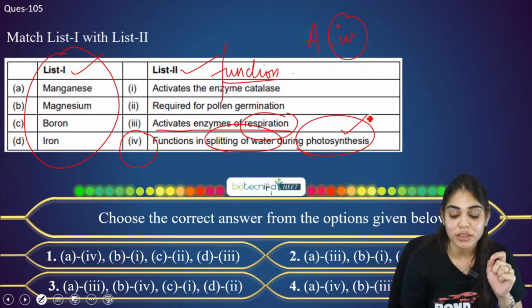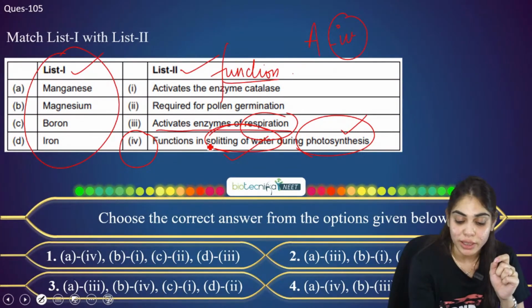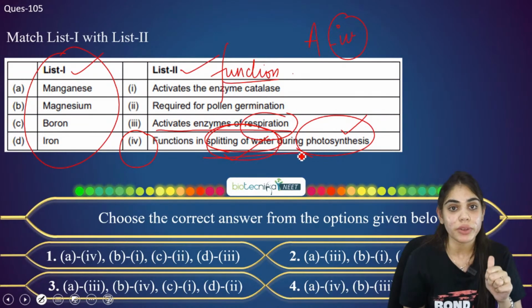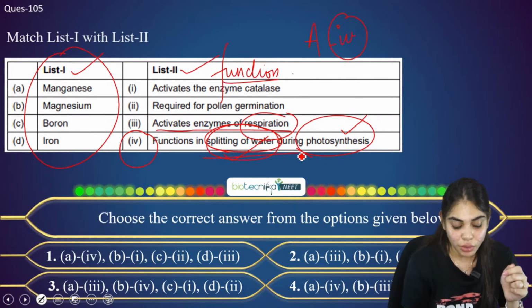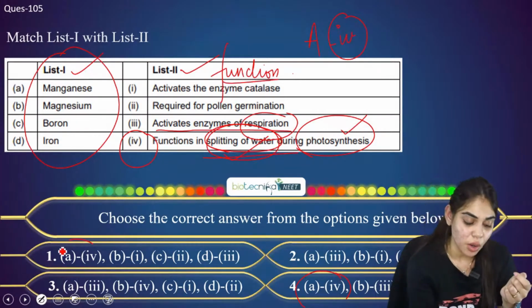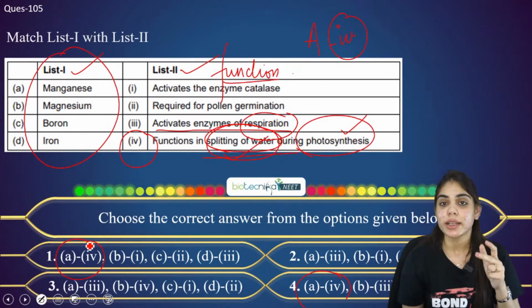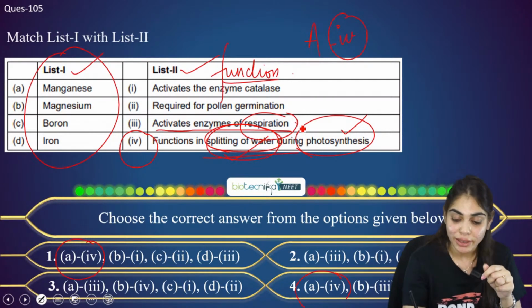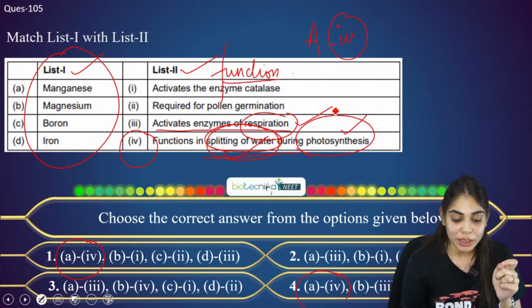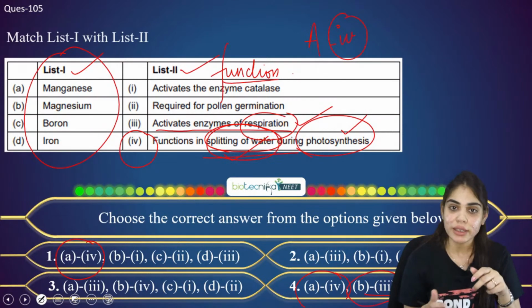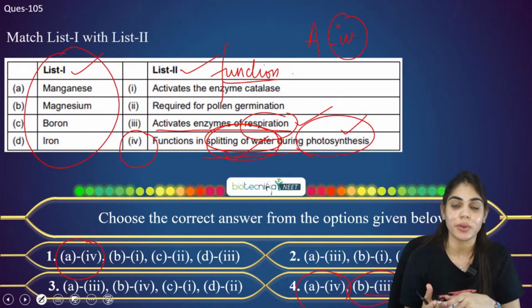Manganese is responsible for splitting of water, which is the terminology in option 4. So manganese will always go for 4. That means A with 4, which we can find in only 2 options, option 4 as well as option 1. Magnesium is responsible for the activation of enzymes during metabolic pathways like respiration. B with 3 we can find in only one option, that is option 4. Now let's move to the other options and check if they're right or wrong.